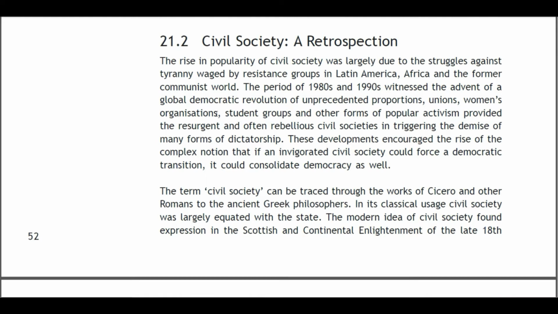Unions, women's organizations, student groups, and other forms of popular activism provided the resurgent and often rebellious civil societies in triggering the demise of many forms of dictatorship. These developments encouraged the rise of the complex notion that if an invigorated civil society could force a democratic transition, it could consolidate democracy as well.